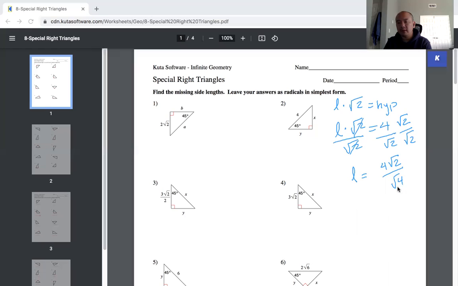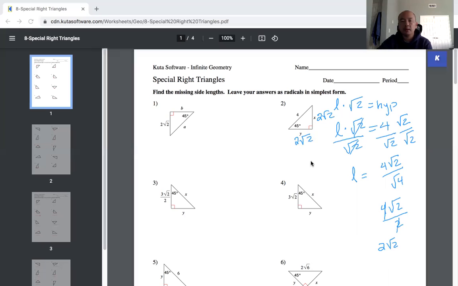Well, you get rid of the radical by simplifying this. Radical 4 is 2. And because everything is separated by multiplication here, 4 times radical 2 over 2, you could cancel out, and this becomes 2 radical 2. So the answer to y is 2 radical 2. And since the legs are equal to each other, x is also 2 radical 2.